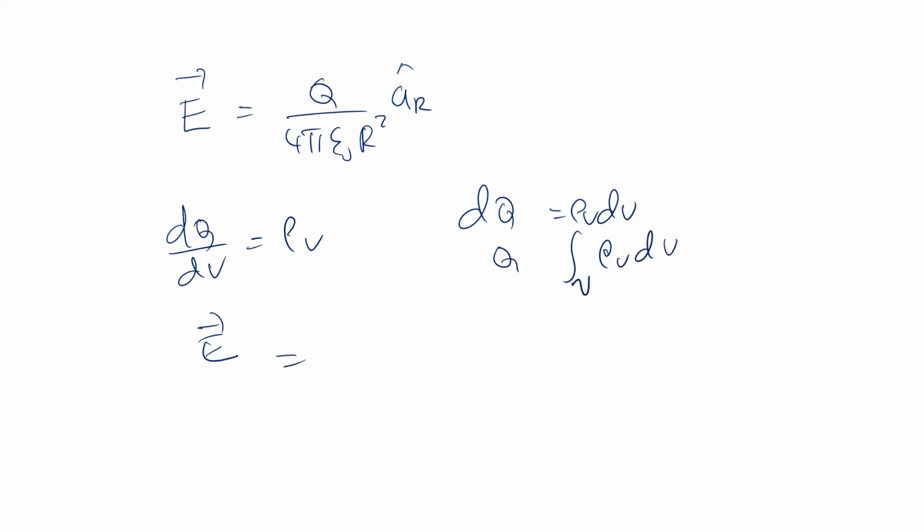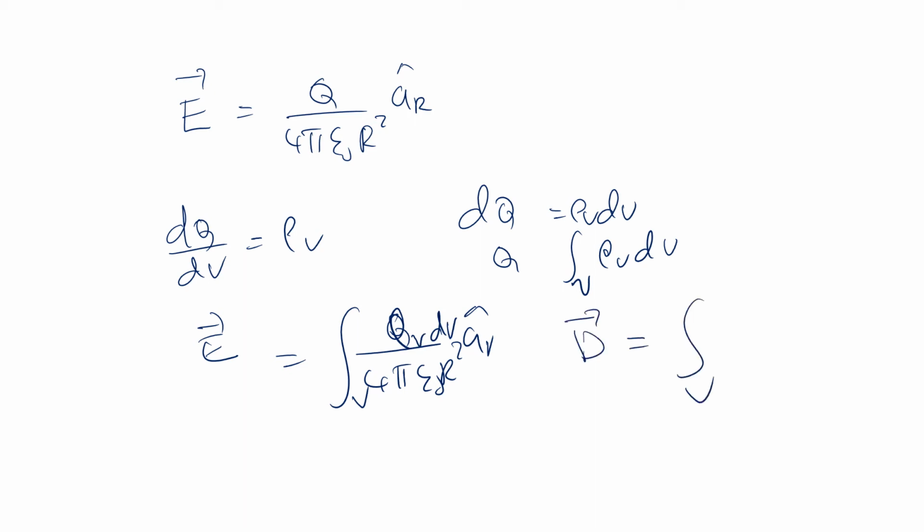So E is equal to the integral over the volume of rho v dv by 4 pi epsilon 0 r square a_r cap, right? Same way we can describe D is equal to the integral over the volume of rho v dv divided by 4 pi r square, because D is equal to epsilon 0 times E, so epsilon 0 cancels, a_r cap. So you can calculate with this one.